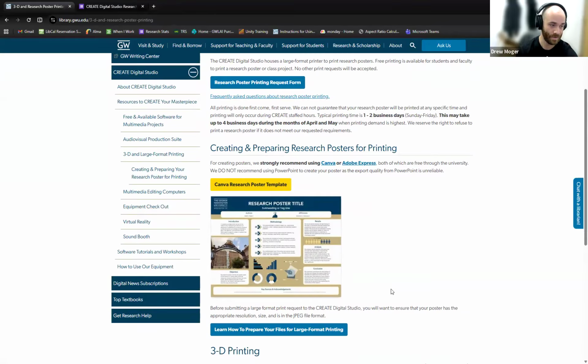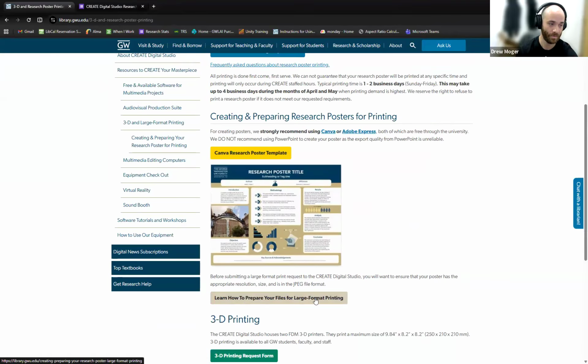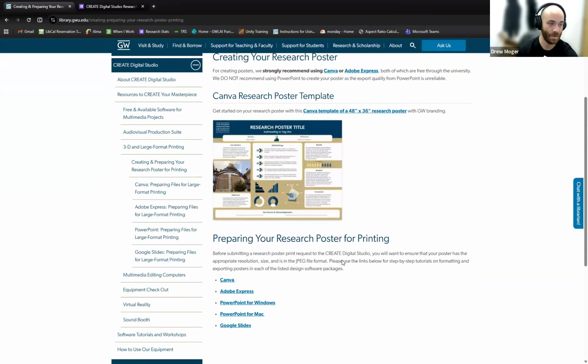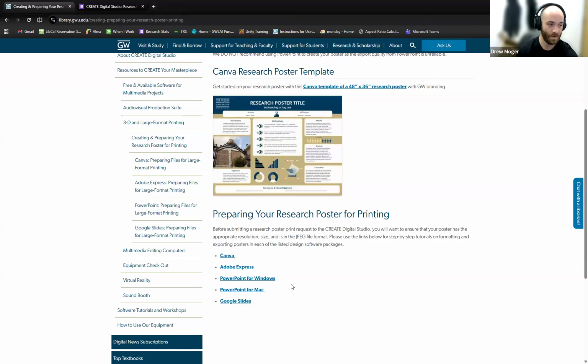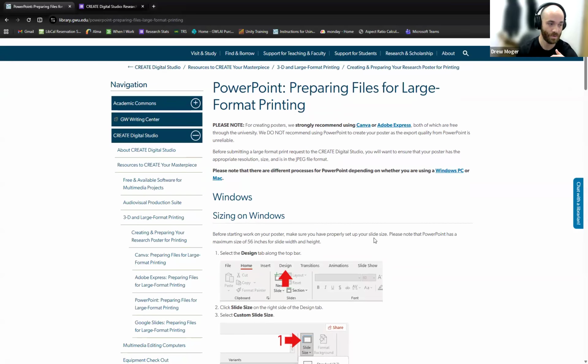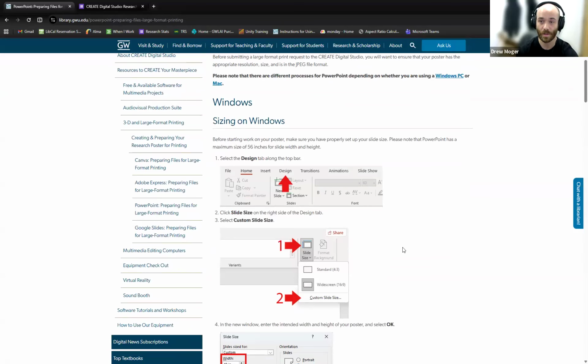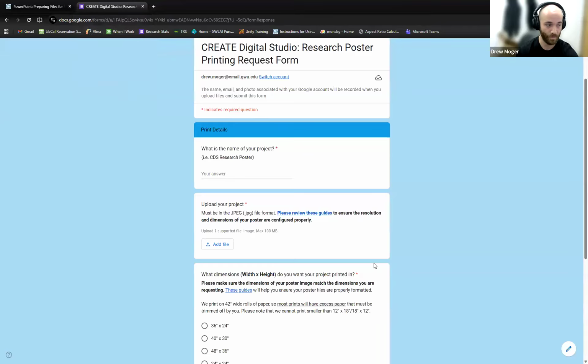But what's important for this is if you click Learn how to prepare your files for large format printing, it will take you to this web page, and we have web pages for Canva, Adobe Express, PowerPoint for both Windows and Mac, as well as Google Slides. And those are going to be step-by-step instructions on how to make sure that you are exporting properly and you're going to be able to get the best quality image to us so that we can print it for you. And that's going to be the image you provide to us on this form.